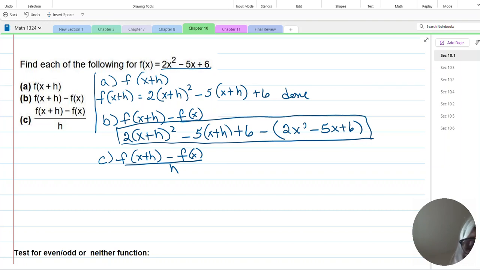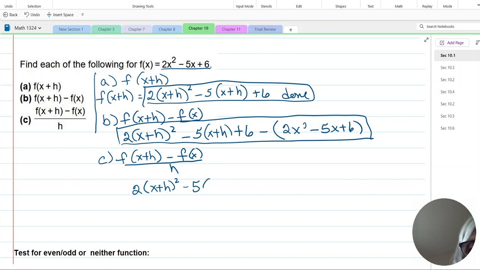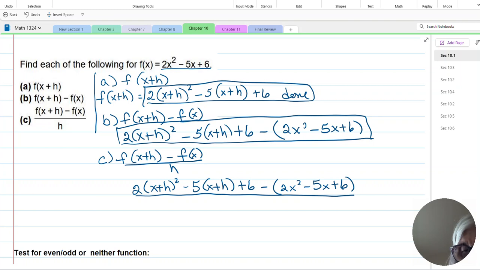So we're going to write, this is our last entry, 2 parenthesis x plus h squared minus the 5 parenthesis x plus h plus 6 minus the 2x squared minus the 5x plus 6, the entire thing divided by h. And that finishes that problem.